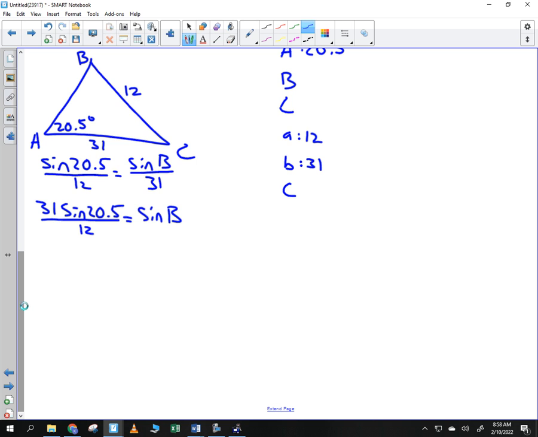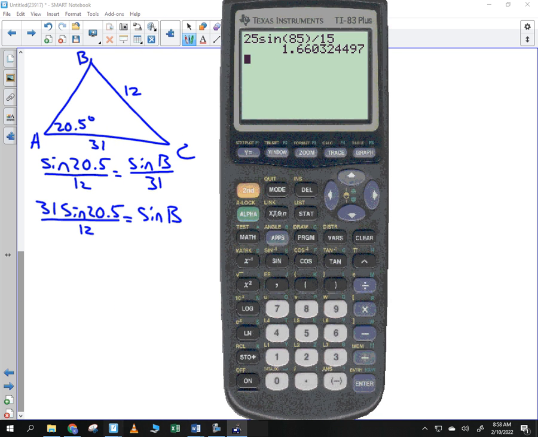Let's multiply that and see what we get. 31 sine of 20.5 divided by 12, and I get 0.9047. Somebody tell me, can sine be 0.9047?